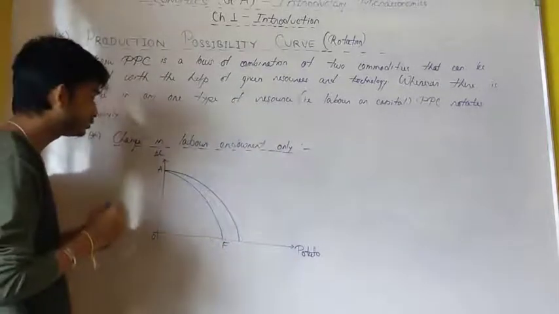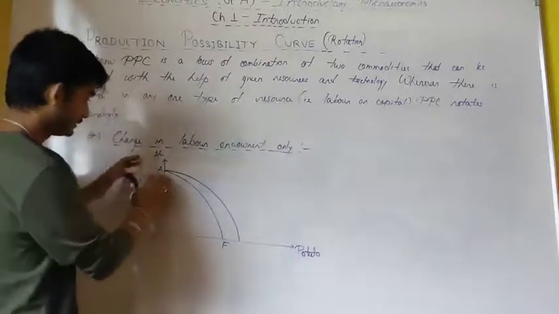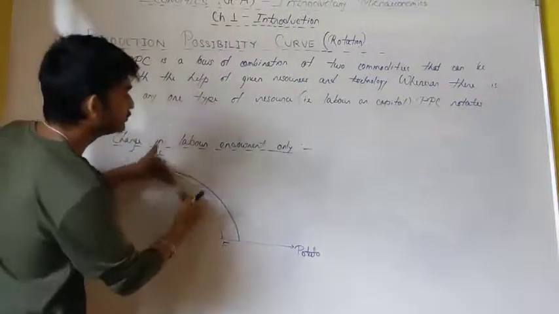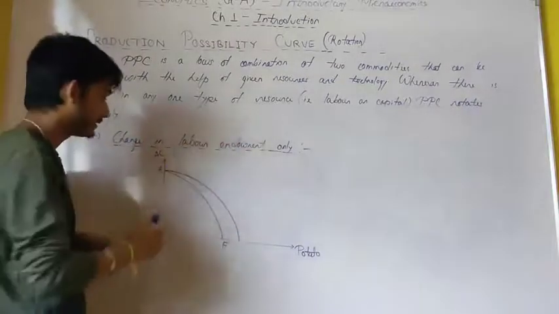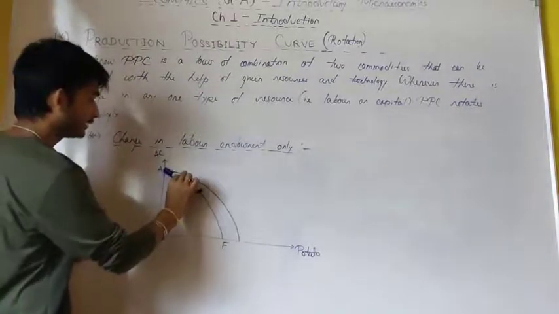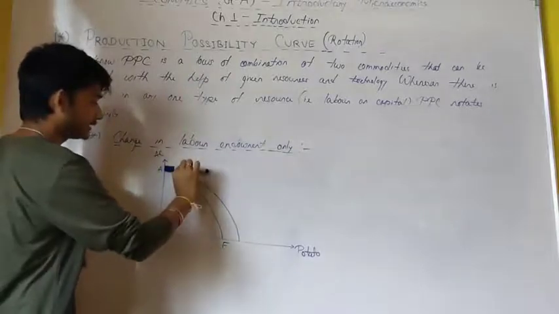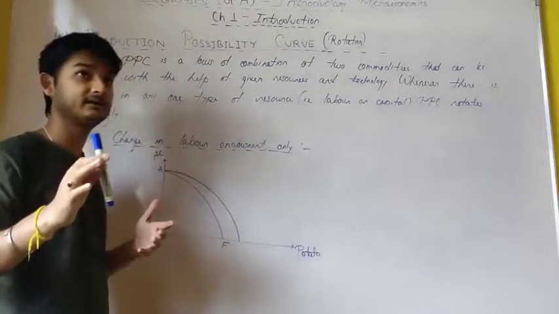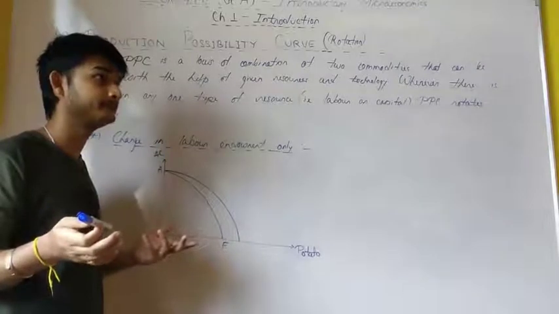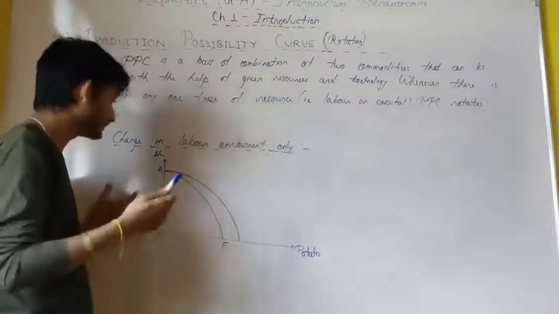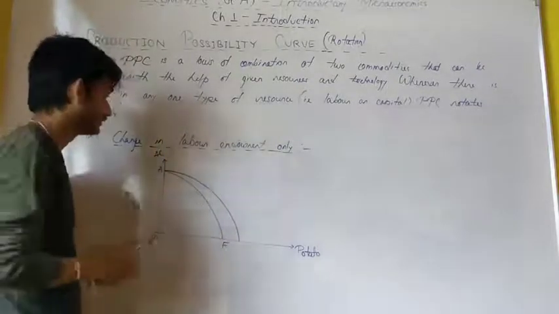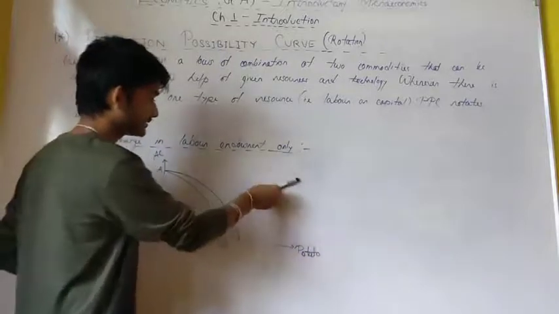See, if this would be a shift, the AF curve would have totally moved upwards. But here it is rotating, like how the clock rotates. So clock rotates like this.